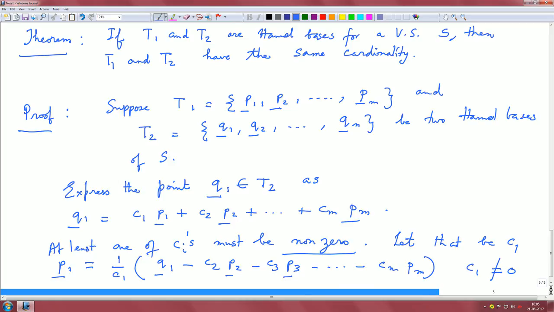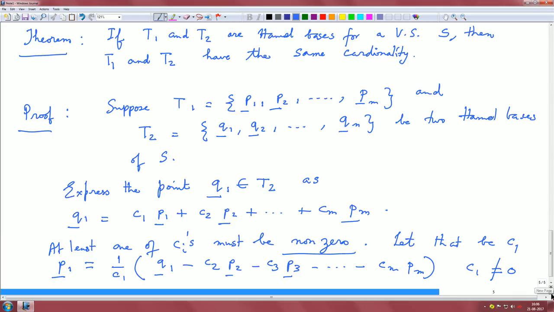Okay. So, we pick a point Q1 belonging to T2, express it in this form, and at least one of the Ci's must be non-zero, and let that be this element C1, and then P1 is basically rewritten in this form, just rearranging this equation slightly differently.